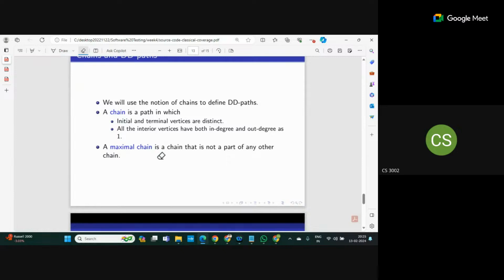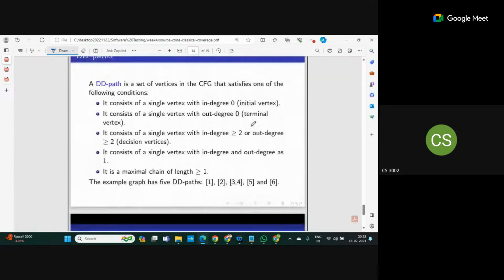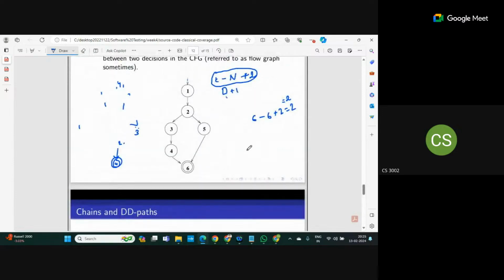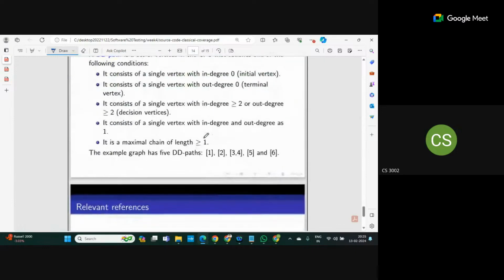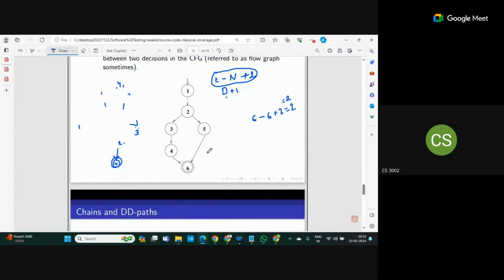So what is that? A chain is something where the initial and terminal vertices should be different, and interior nodes should have in degree 1 and out degree 1, right? So if you look at this, you can say this 3 4 creates a max chain.